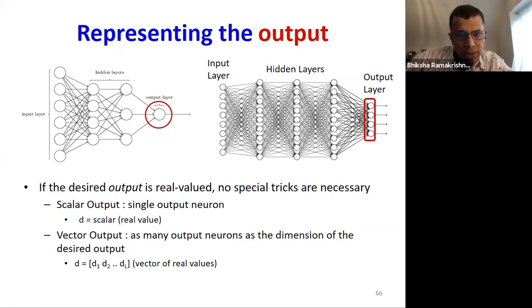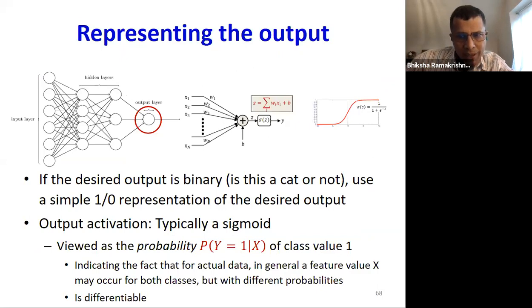And if you're trying to compute a vector function, the desired output is going to be a vector of real numbers. On the other hand, if the desired output is binary, like in a binary classification task, then we can use a simple 1-0 representation to represent the desired output.